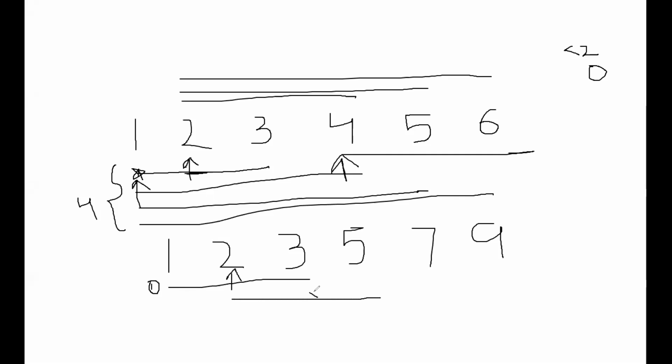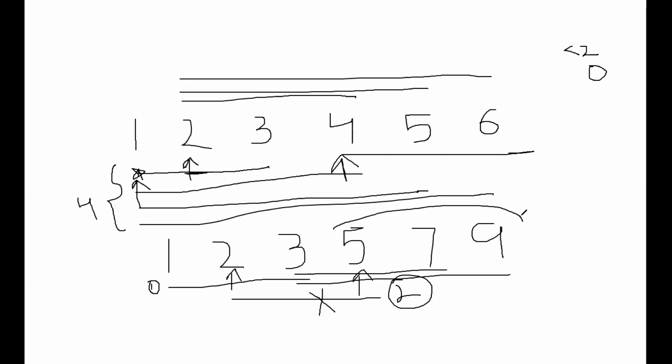No. Okay, we will escape. Starting with 3, 5, 7, does it satisfy the condition? Yes. 3, 5, 7, 9, it satisfies the condition. So we get 2 counts here. Then we jump to 5. This is the only length remaining. Does it satisfy the condition? Yes. So we get 1 more. So total is 4.